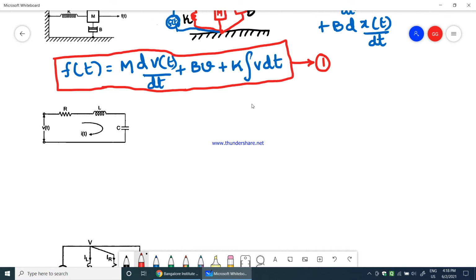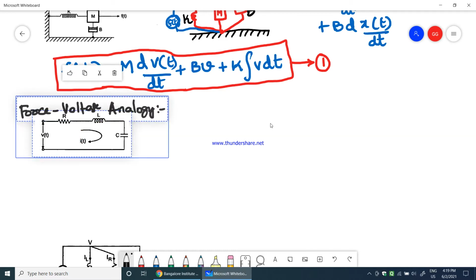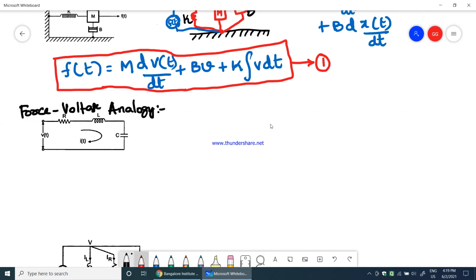This analysis we are doing is for the force voltage analogy network. We are trying to write the equation for the force voltage analogous network. Now let me write the equation for this.